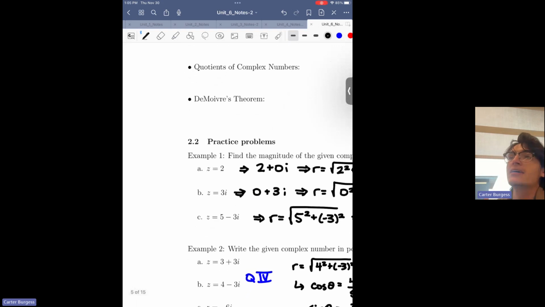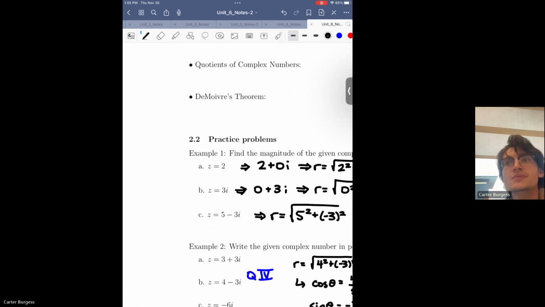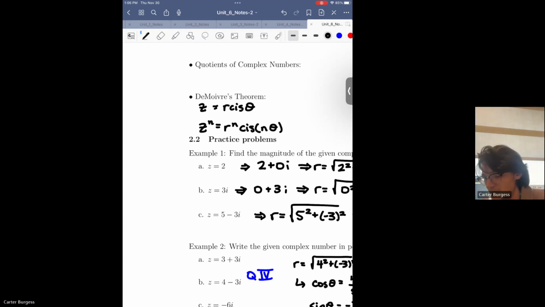This is known as DeMoivre's theorem, which is that if we have z equal to r CIS of theta, then z to the power of n is r to the n CIS of n theta. Just a quick application of how we do the products of these polar form complex numbers.